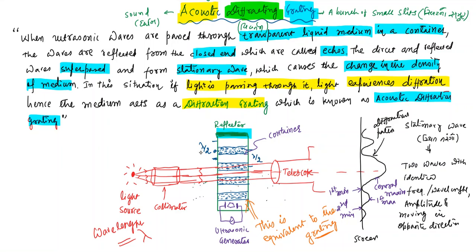Now this lambda is the lambda of the ultrasonic wave, so we write it as lambda u by 2. Here also we have to write lambda u by 2. So lambda u by 2 acts as a slit width.